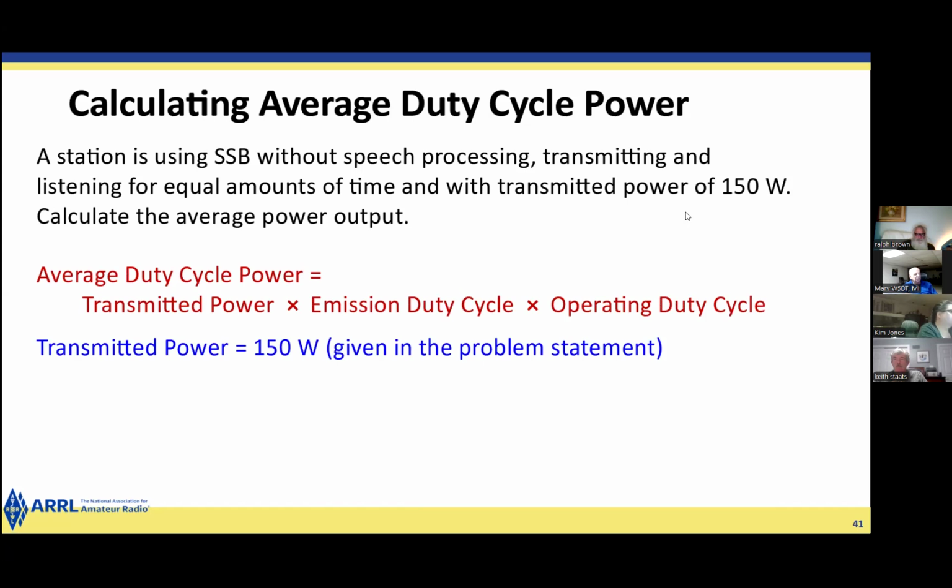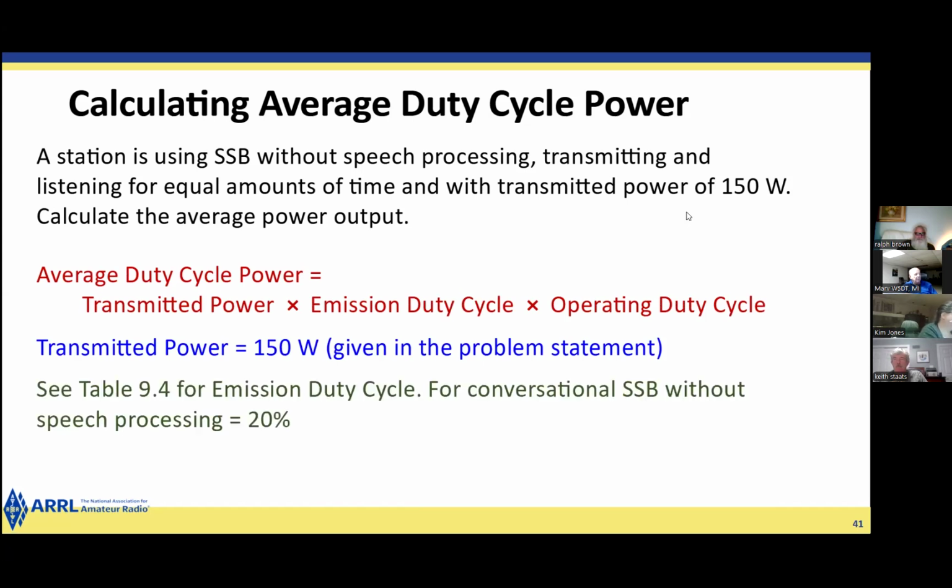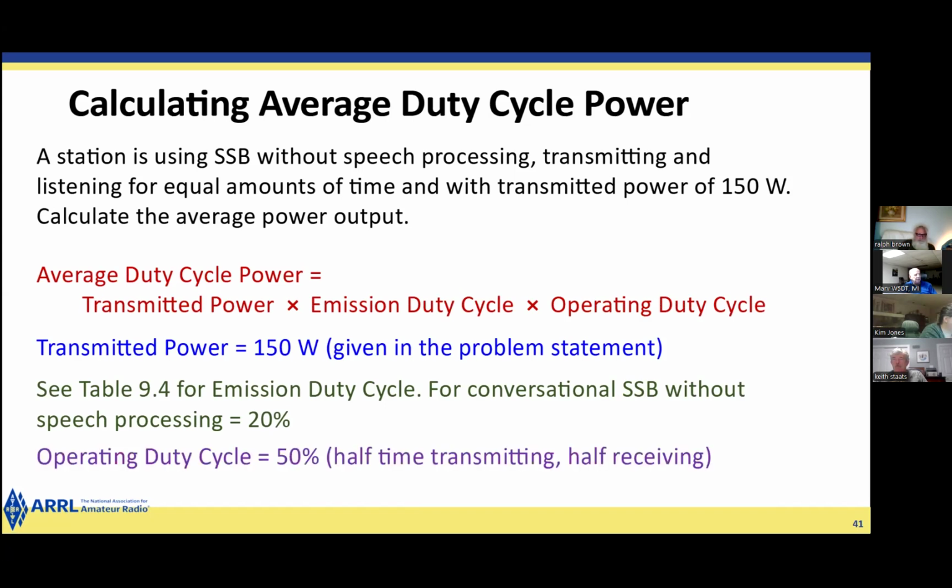Transmitting power is 150 watts. The emission duty cycle for conversational single sideband without speech processing is 20%. Operating duty cycle is 50%. So the average duty cycle power equals 150 watts times 20% times 50%, which equals 15 watts.